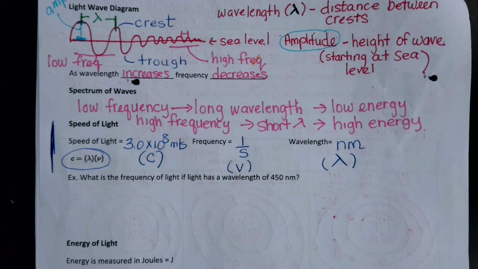C, you will always know what C is. It's always 3.0 times 10 to the 8th meters per second. It's a constant. So you automatically have that number. The only thing you're going to have to figure out is the frequency or the wavelength, depending on what they give you and what you have to find.